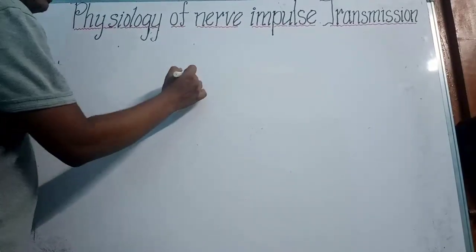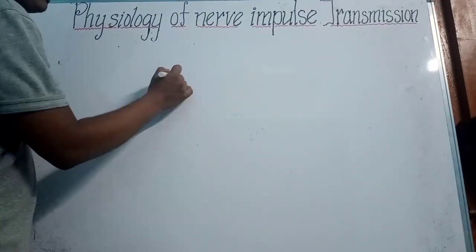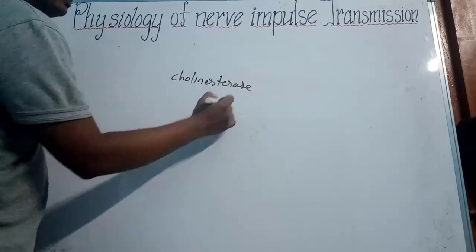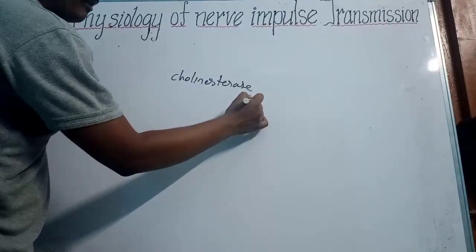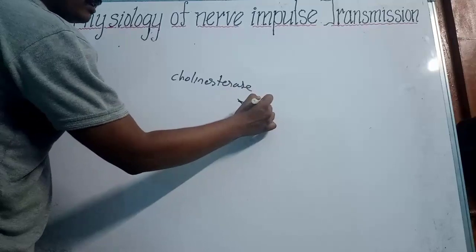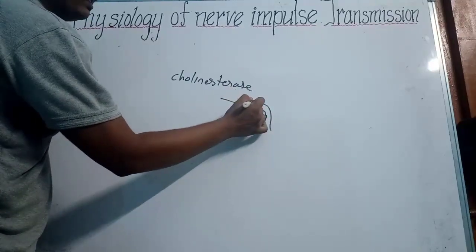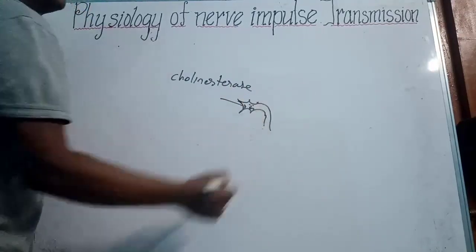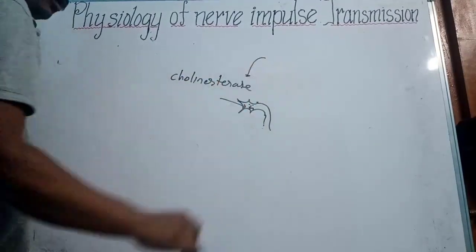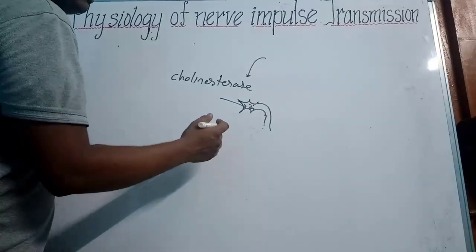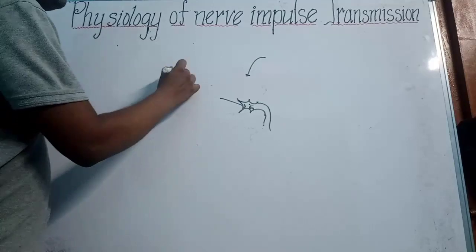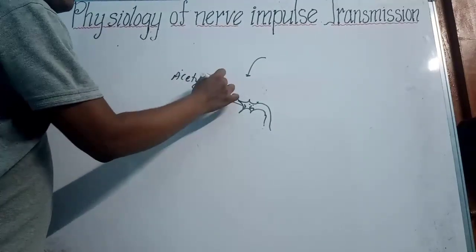So think that here we have cholinesterases. Now we have a problem. For example, there is a neuron here, and this neuron is being activated by acetylcholine.